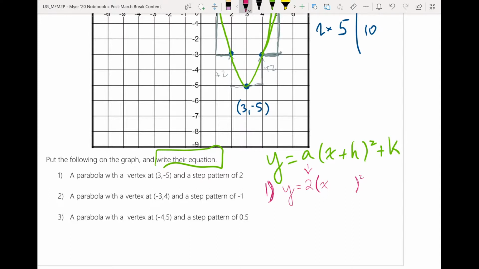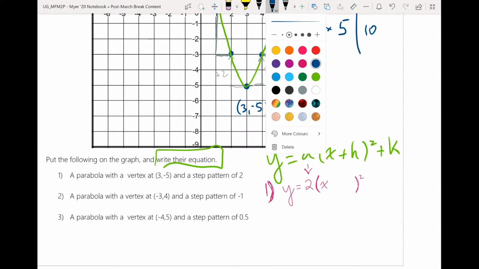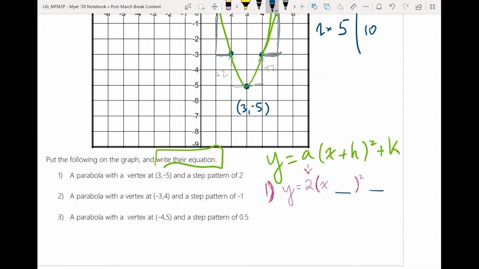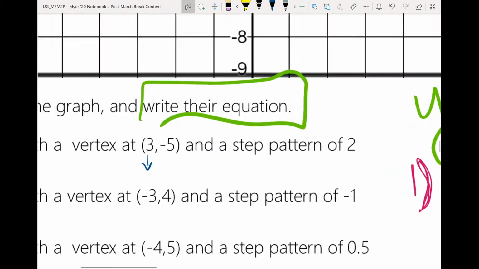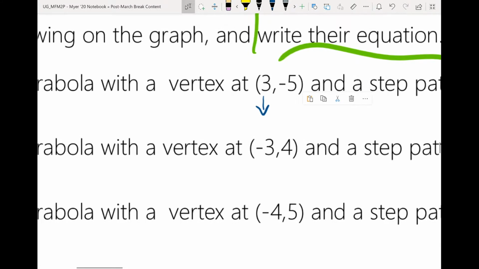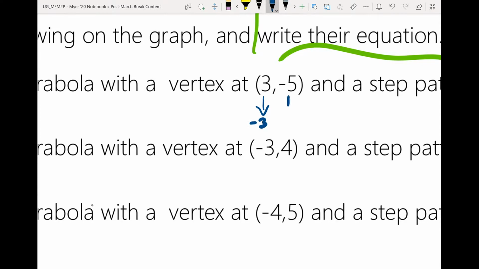All right, so the letter A is 2. And then we look at the vertex. Based on the information we have from the vertex, what goes in this spot in here? If we look at our coordinates, whatever the x coordinate is here, we have to do the opposite. So if we're getting plus 3, our vertex is at negative 3. And then y never lies.